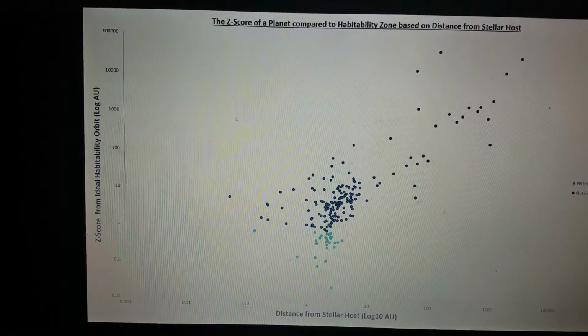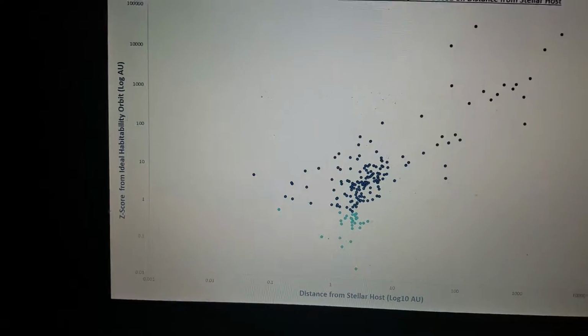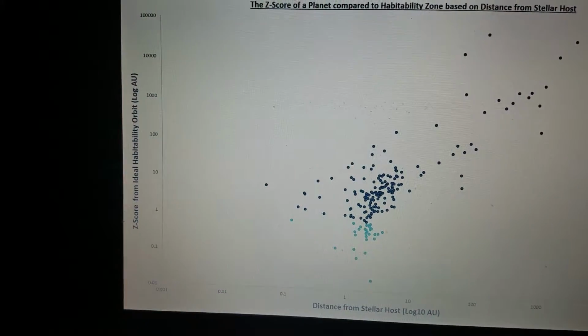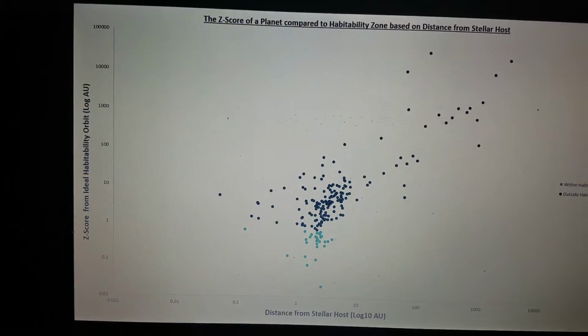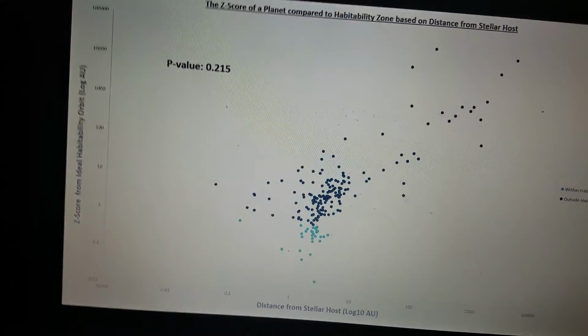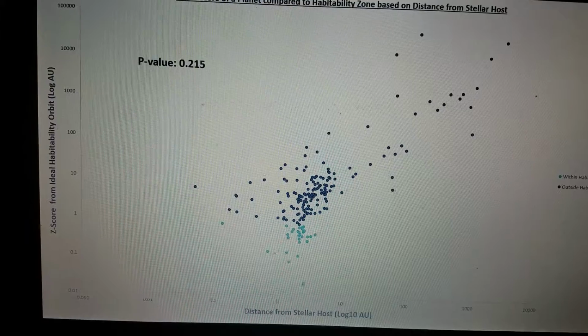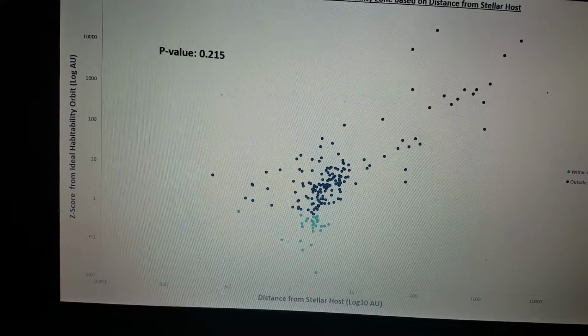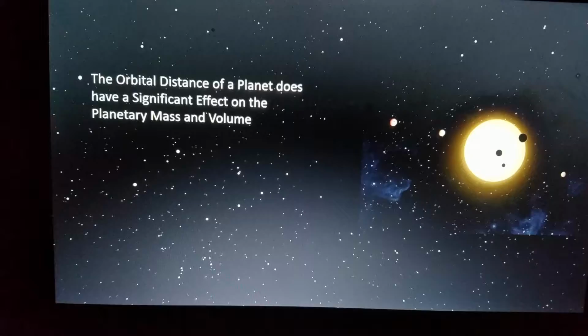Once again, the x-axis is log 10 of astronomical units, while the y-axis is the z-score of the log astronomical unit. So a logistic regression was run, giving us a p-value of 0.25125, which is not significant. 0.215, my apologies.